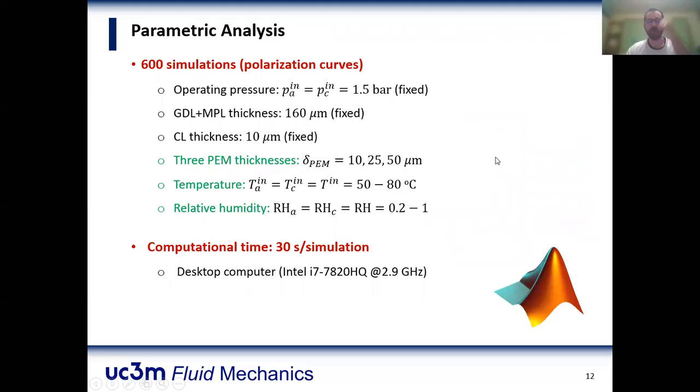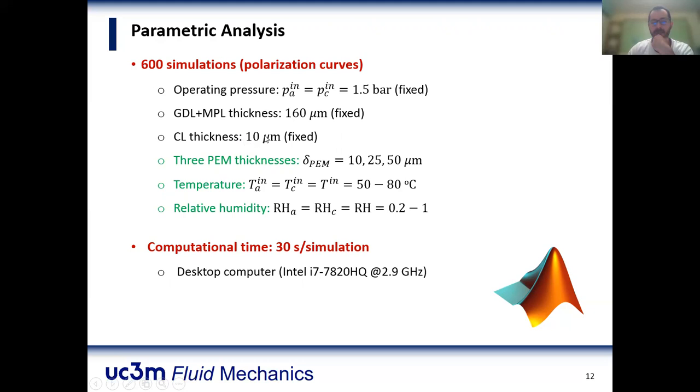Okay, so this model is a perfect tool to perform a parametric analysis. We have run around 600 simulations, meaning polarization curves. We have fixed the operating pressure at 1.5 bars. The thicknesses of the GDL and MPLs are also fixed.